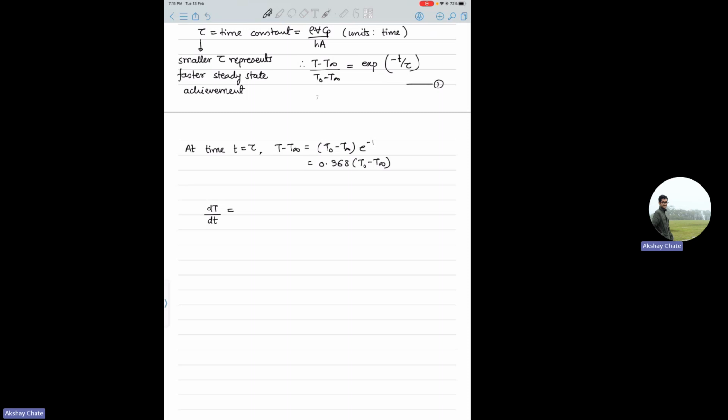So what you end up with is T naught minus T infinity into exponential of minus t by tau, into minus 1 by tau. So this is your derivative, right?